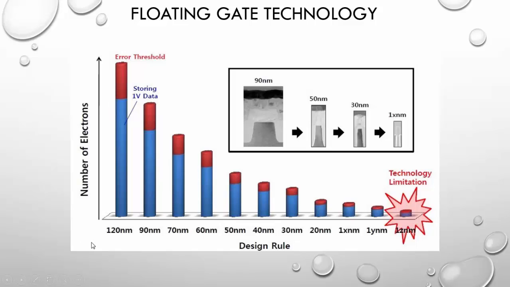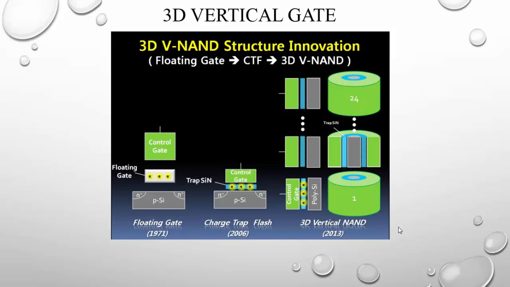At a 120 nanometer design rule there is a large error threshold, and it stores 1 word of data. After decreasing the length between the gates, going from left to right, there is a low error threshold and the stored voltage data decreases. So it goes from 19 nanometer to 1x, and there is some technology limitation after that. I don't know what comes after that, but they are going to figure out what they will use in the future.